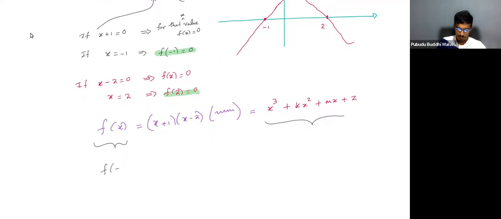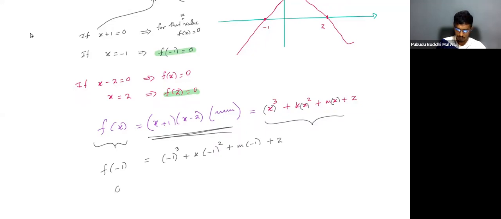f of minus 1. I just replace x by minus 1. Don't worry about this part. I'm going to use the function. So here, very important, that bracket, because we are dealing with negative values, right? Like this. Then f of minus 1 equals 0.